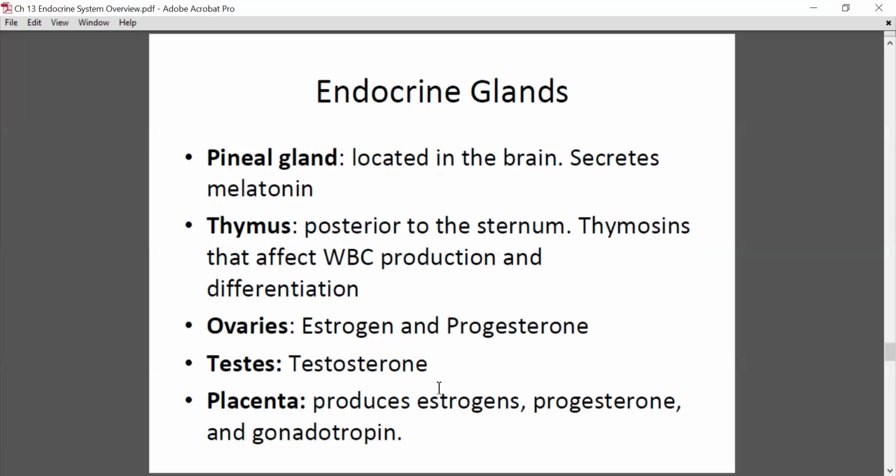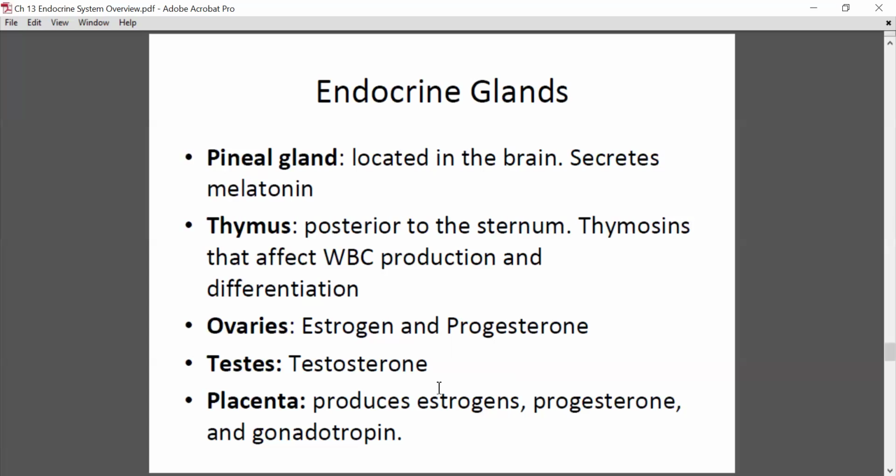So it's increasing the production of the white blood cells so that you can have more of those immune cells to help monitor and protect your body from foreign invaders like bacteria, viruses, parasites, etc. It also helps those white blood cells differentiate into different types of white blood cells as those white blood cells are being produced.